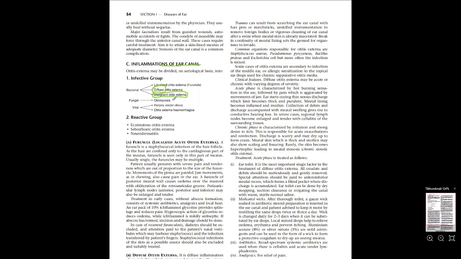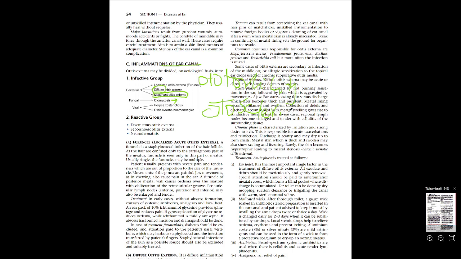In fungal infection, this is called otomycosis, and there are three terms with oto. First is ototoxicity. Second is otomycosis, meaning fungus, and third is otosclerosis, meaning the hardening of the oval window or round window.